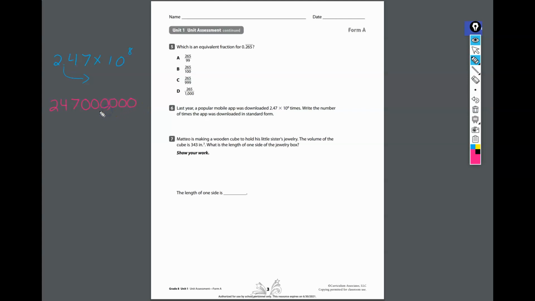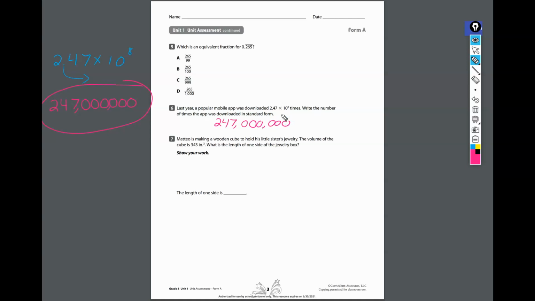However, I am going to insert the commas in standard form. And we could check it. Here's my understood decimal. 1, 2, 3, 4, 5, 6, 7, 8. And that's where the decimal was. So that's standard form. So 247 million is in standard form.